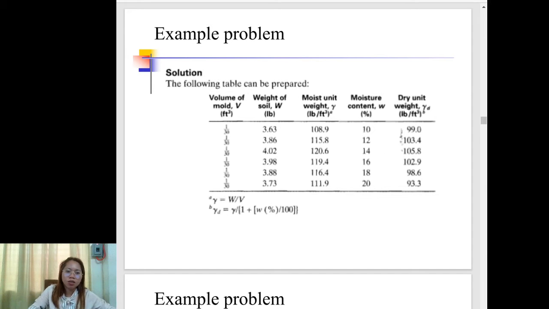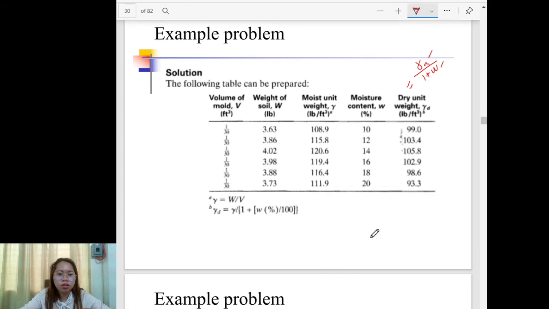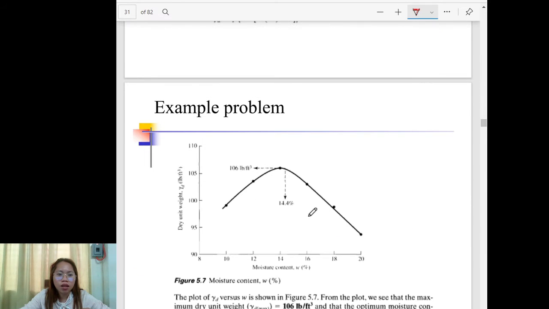So that we can determine the dry unit weight, which is equal to the moist unit weight divided by 1 plus the moisture content. We computed the moist unit weight already and the moisture content is given. That is why we can obtain these values of the dry unit weight.